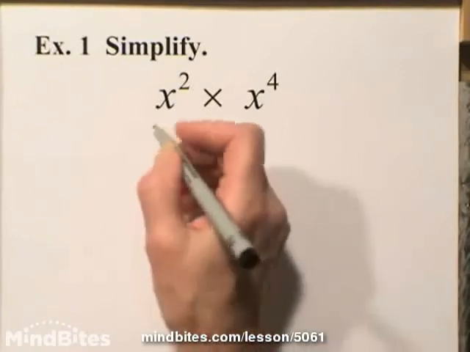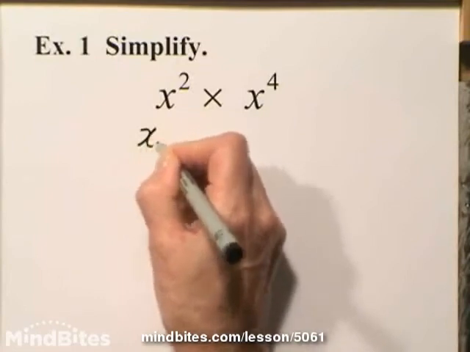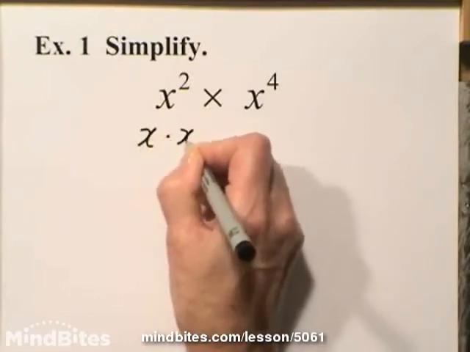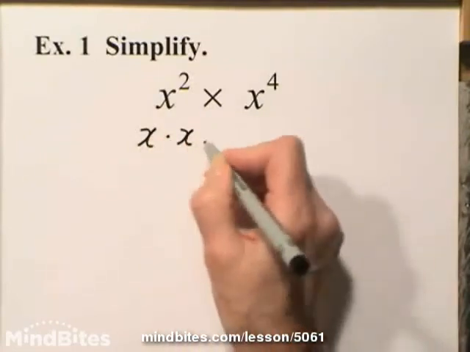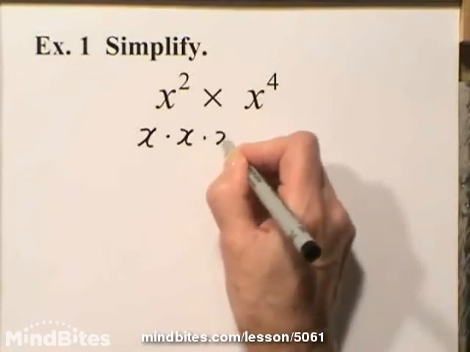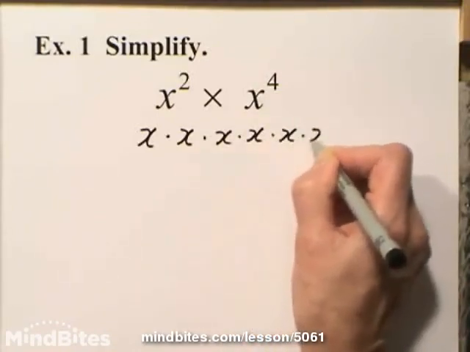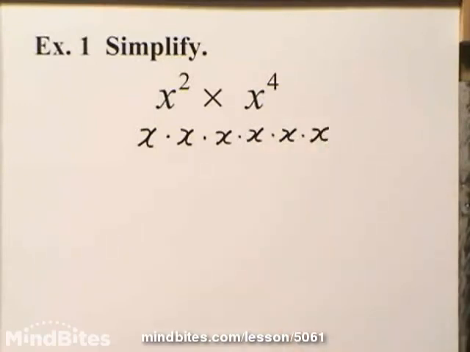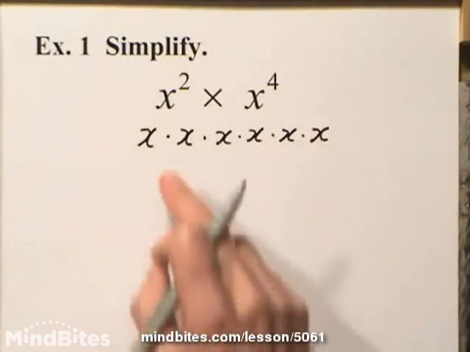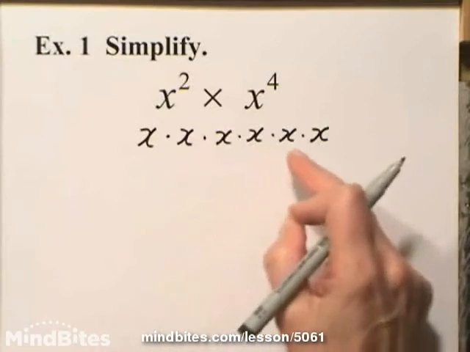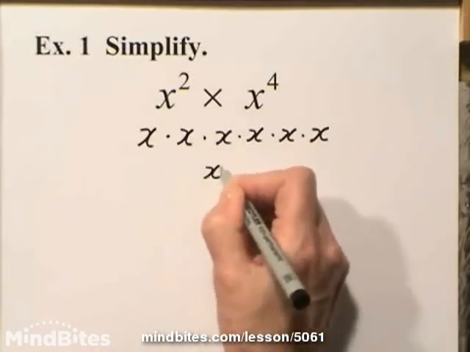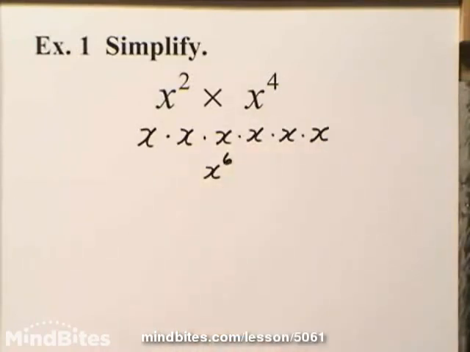So that means x squared is x times x, and x to the 4th is x times x times x times x. Now let's count them up and see how many we have. 1, 2, 3, 4, 5, 6. That would mean that the answer to this question would be x to the 6th.